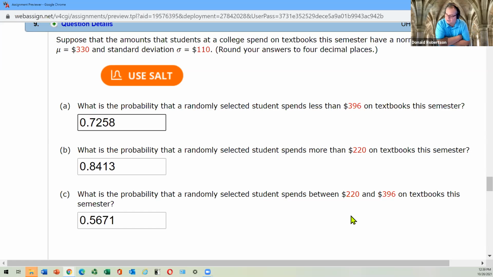And so you can imagine that we can actually find out what percentage of our students pay any particular given value, right? Can I find out what percentage of my students spend between $300 and $400? Or 150 to 250? I could do that. It's bad at college, but trust me, it's worse at university. Textbooks are scarily expensive.